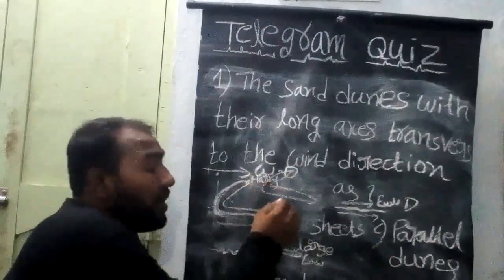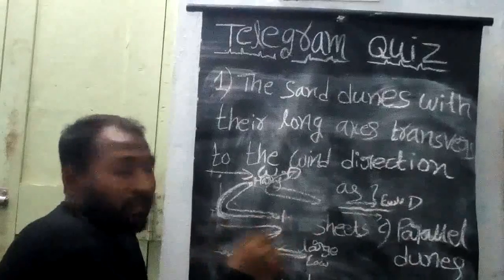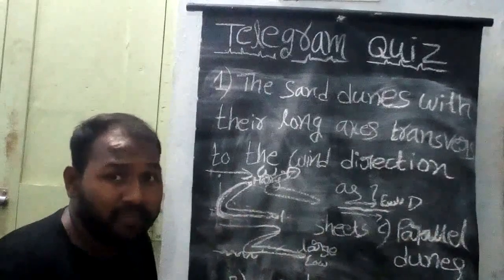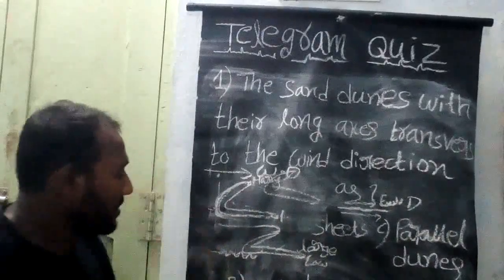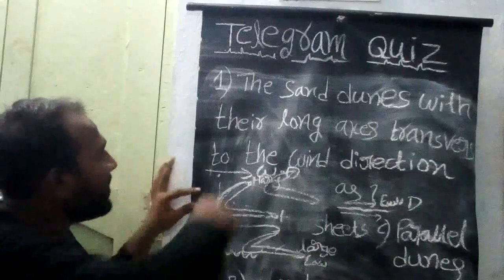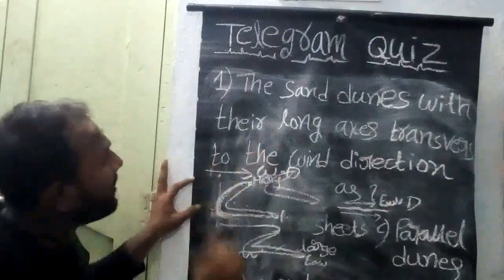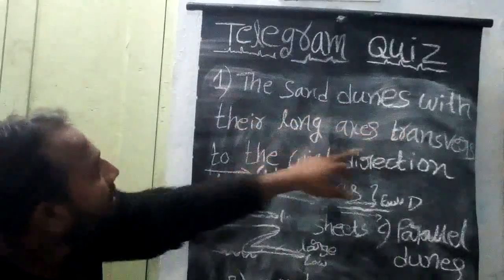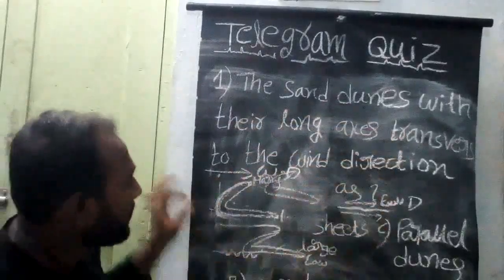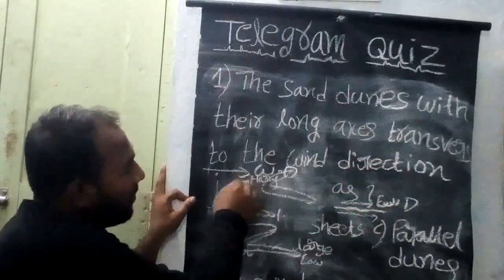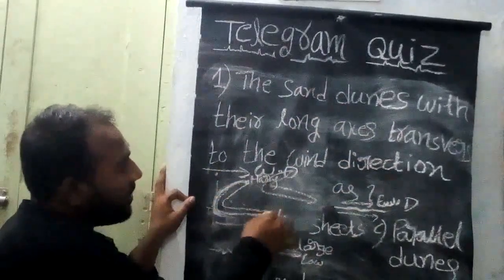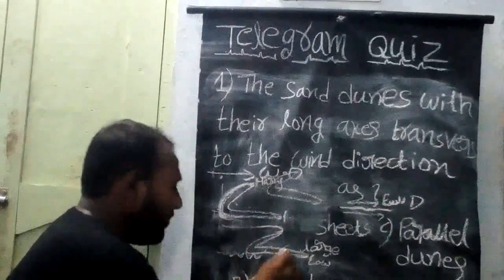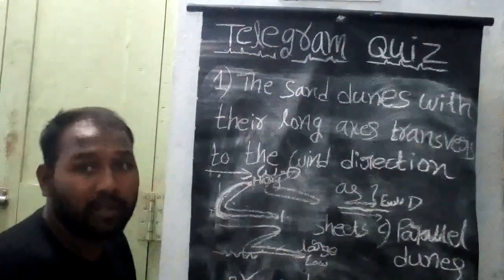Barchans are found where the wind direction is unidirectional. What this question asked is the sand dunes with their long axis transverse to the wind direction, which is called barchans. So option B, barchans, is the correct answer.